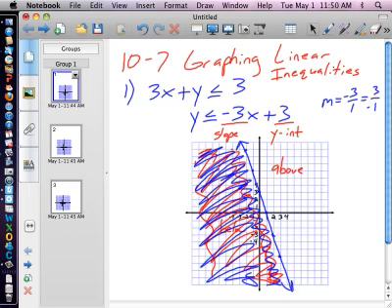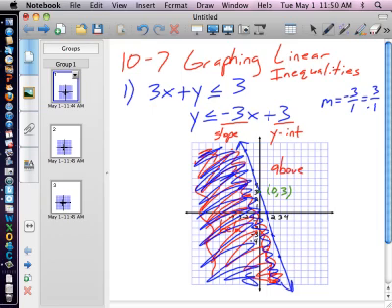If we choose this point 0, 3, I'll write it down, 0, 3. If we plug that into the inequality, it works. Negative 3 times 0 plus 3 is greater than or equal to 3. So that does work.